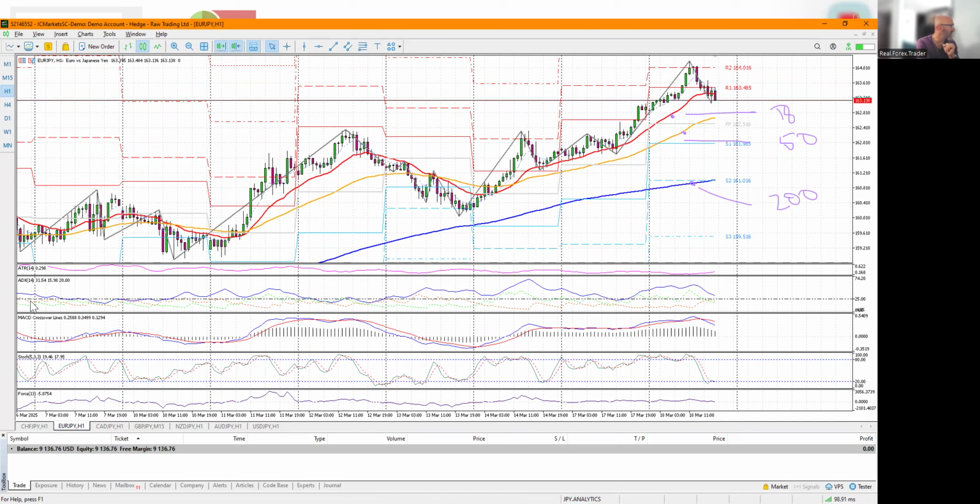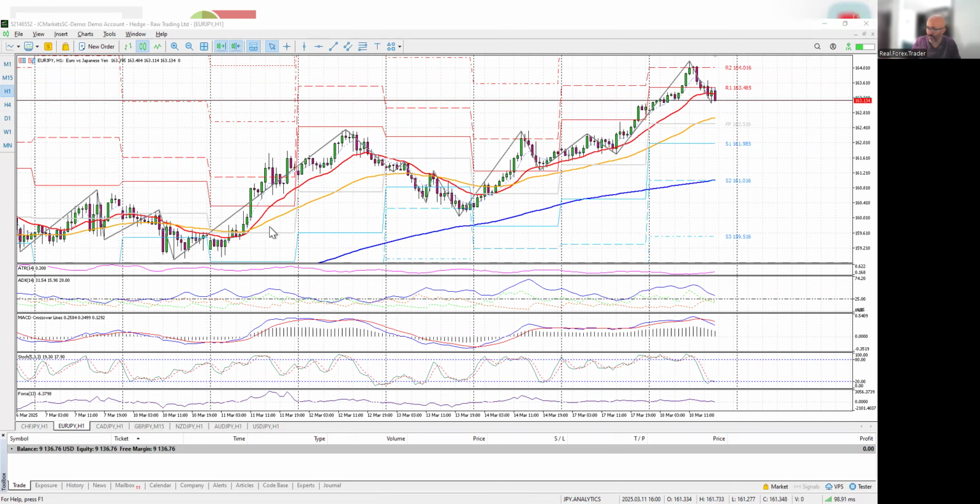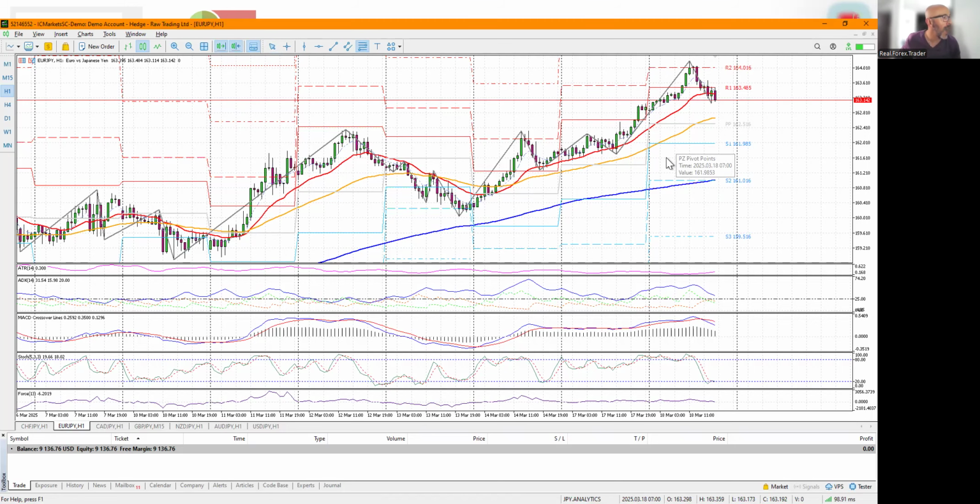Now, the next thing that I'm going to check is my Fibonacci, right? So let's see if there is a Fibonacci support. So I drag my Fibonacci retracement tool from lower to higher, to see if there is a meaningful support.